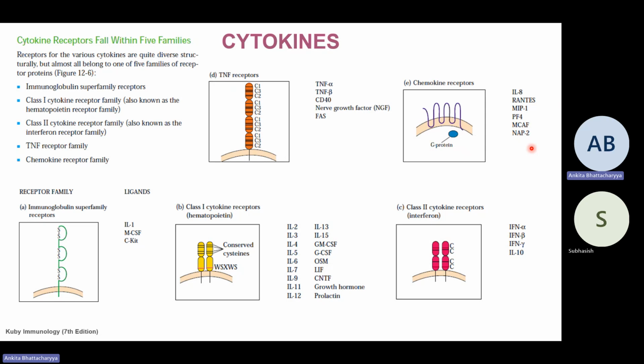They are actually quite different and quite distinct from the other receptor families and their ligand interactions, but this is not unique, it's a separate subclass, let's put it that way. So these are all of the different receptor families. They are structurally quite diverse as well, but they belong to these 5 families of receptor proteins.